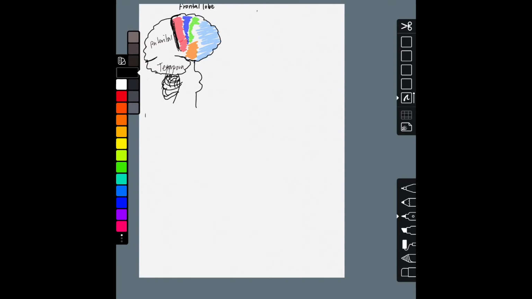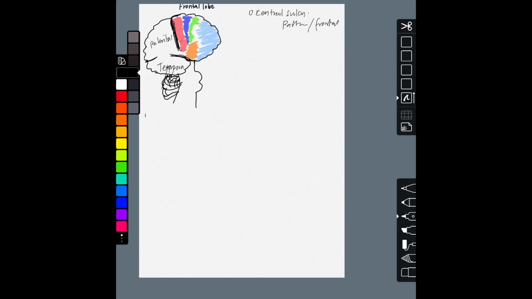This is the central sulcus. That is the boundary for the parietal and frontal lobe.